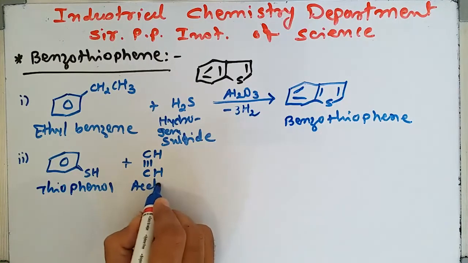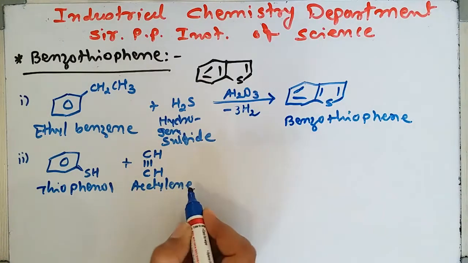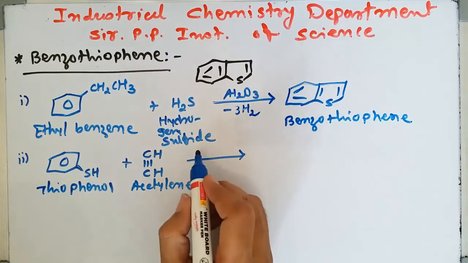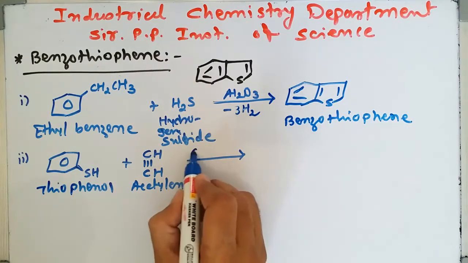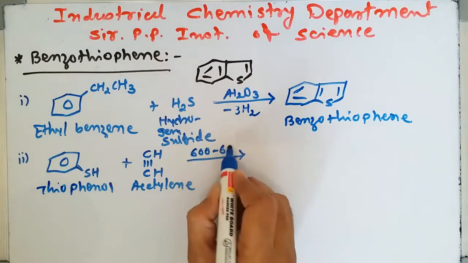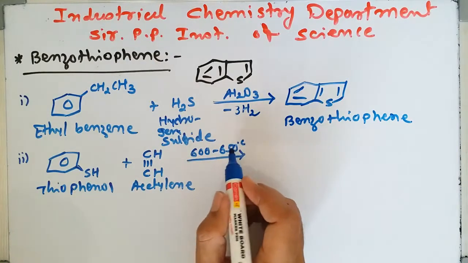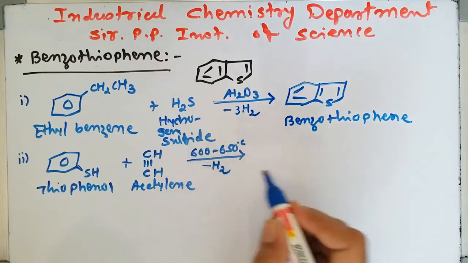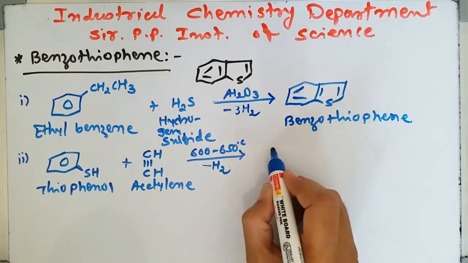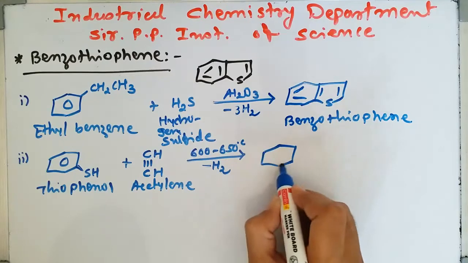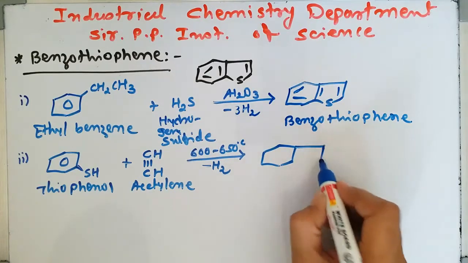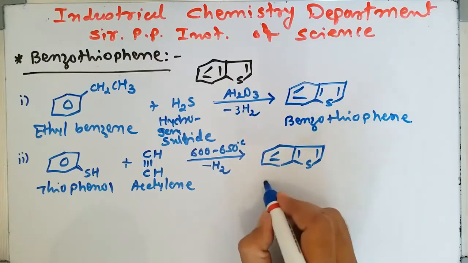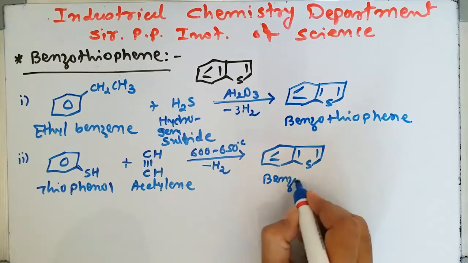This is acetylene. These both, thiophenol and acetylene, at 600 to 650 degrees Celsius, with removal of H2 give benzothiophene.